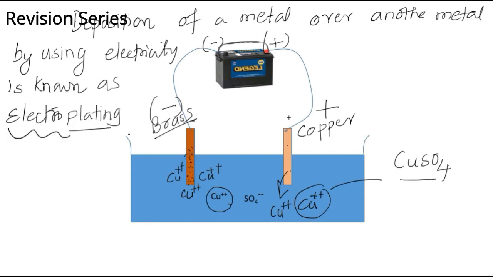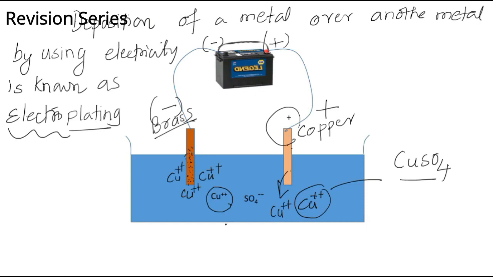This is a very important concept. And what kind of electroplating have we done? We have deposited copper over brass, right? So this is electroplating. Specifically, it is called copper plating because we have used copper. In place of this copper, if you use some other metal, that metal will be deposited on this metal.